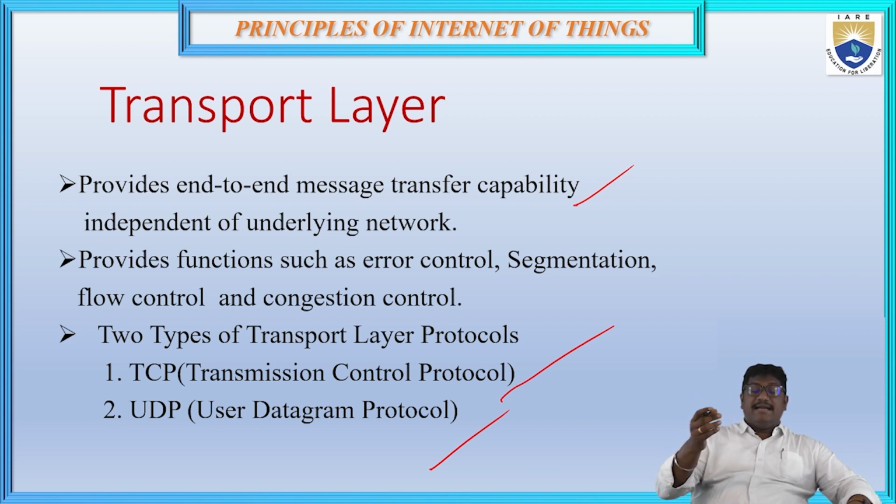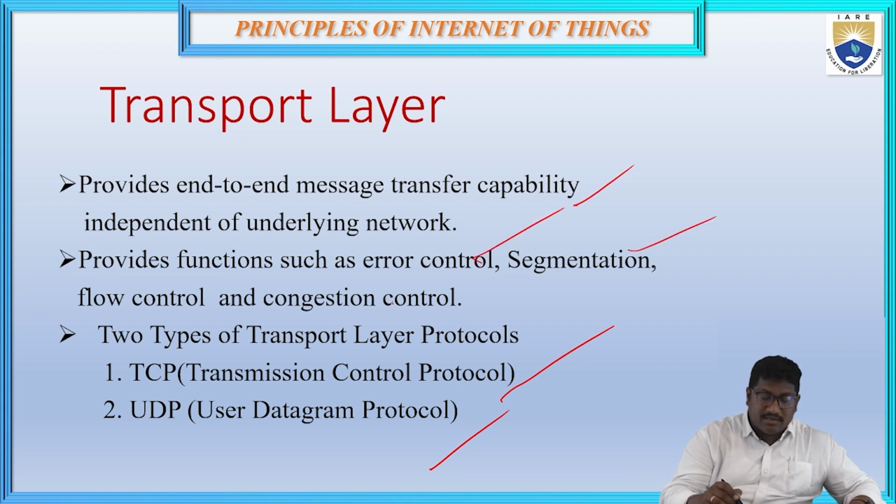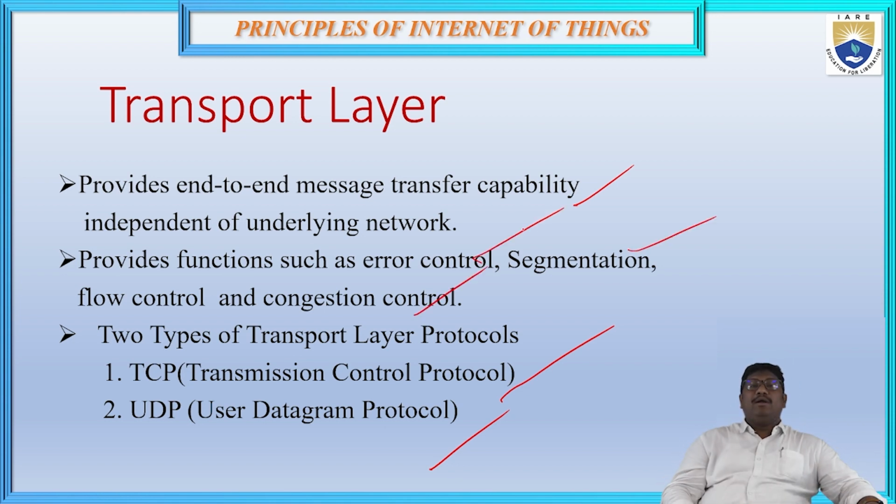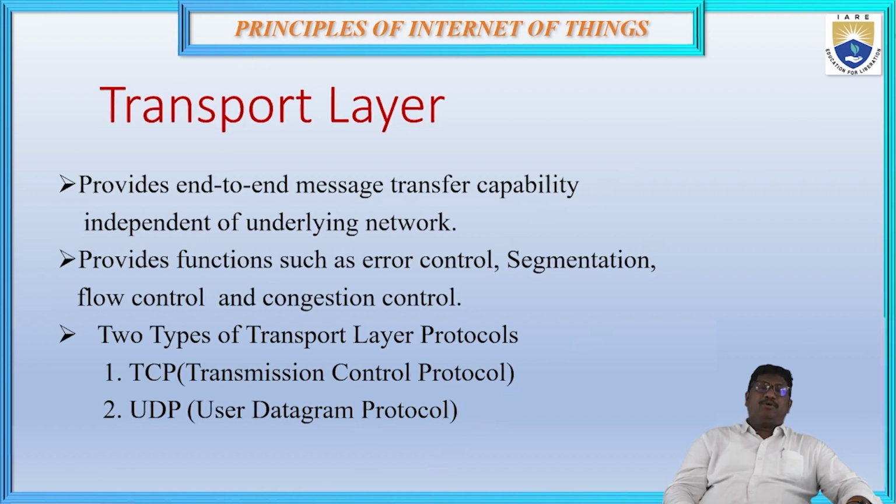Here we provide certain functions like error control, segmentation, flow control, and congestion control, which are taken care of separately. There are two types of transport layer protocols, TCP and UDP. TCP stands for Transmission Control Protocol and UDP stands for User Datagram Protocol.